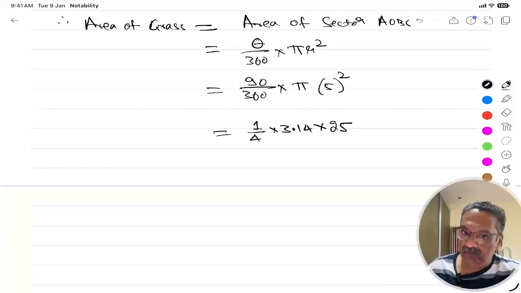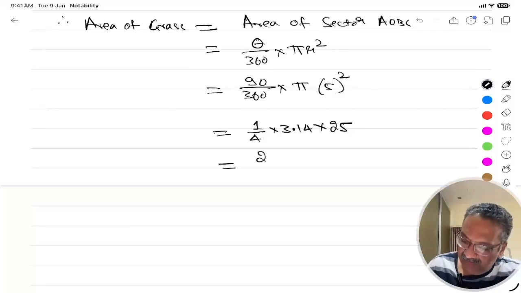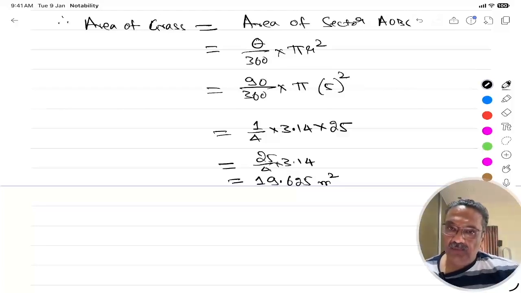This comes out to be about 25 by 4 into 3.14, which is equal to 19.625 meter square. See, you have to be very careful with the units.